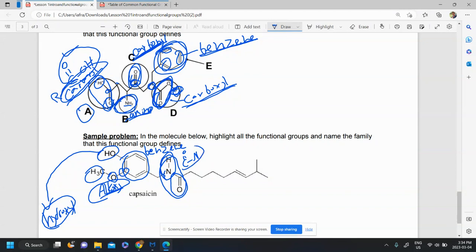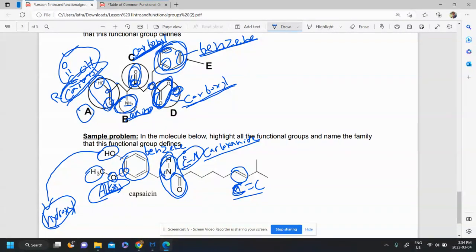This part here makes the carboxamide, which would make an amide. Okay, we have this double bond over here, right? That's a C double bond C. That would make an alkene. So the functional group is a C double bond C, which would make an alkene, not alkane or alkyne. Alkene is the one with the double bond.